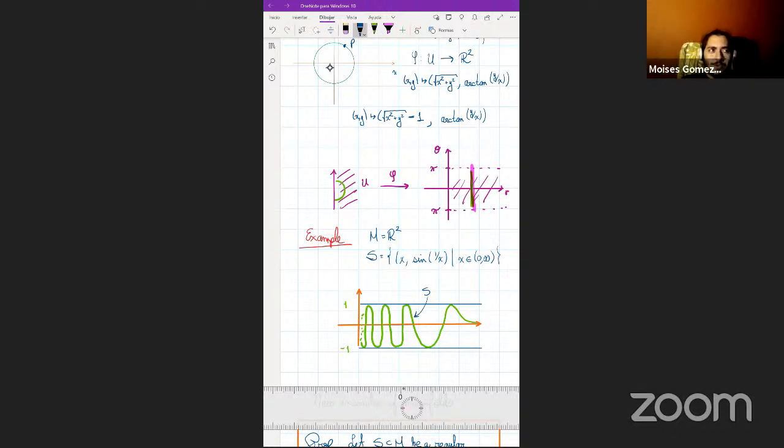It is connected but not that connected. So this is connected, but not that connected. It goes like that, right? Now, so far, what I have drawn here is connected.